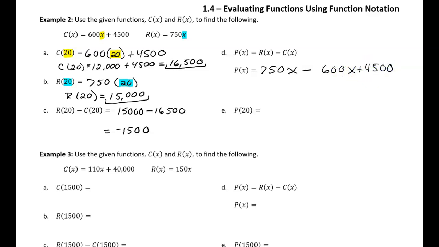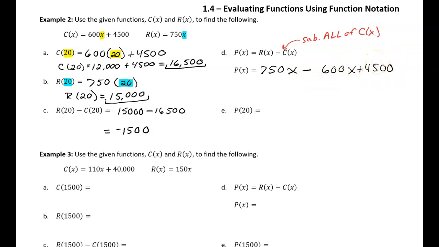Now I'm going to pause here really quick because there's something important that I've missed when I wrote that C of x function down. When I read this, when I say minus C of x, this means I have to subtract all of the C of x function. So I'm not just going to subtract the 600x, but I would also have to subtract whatever comes after it.